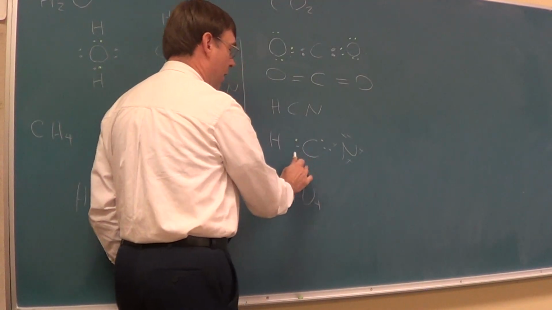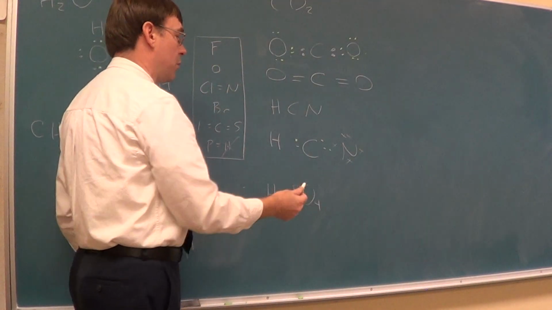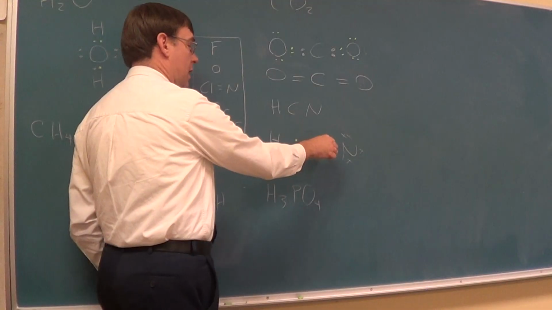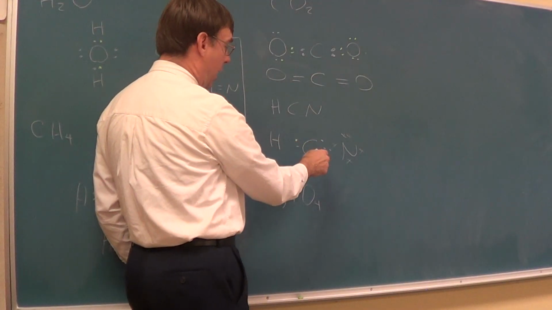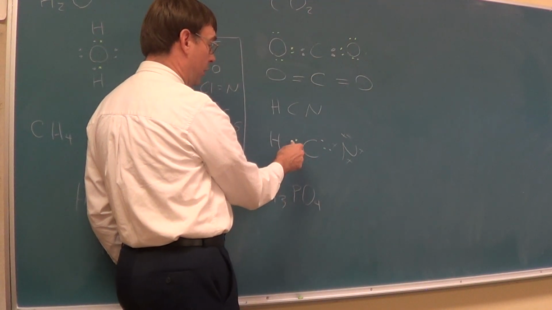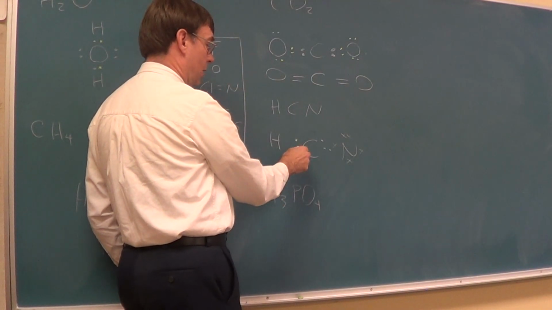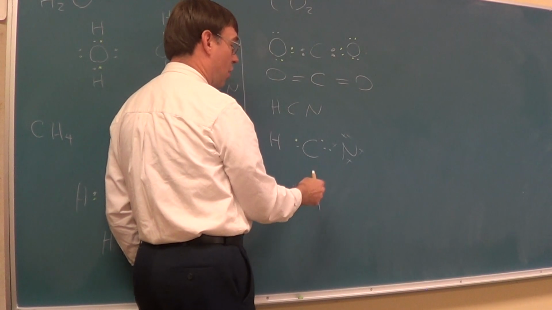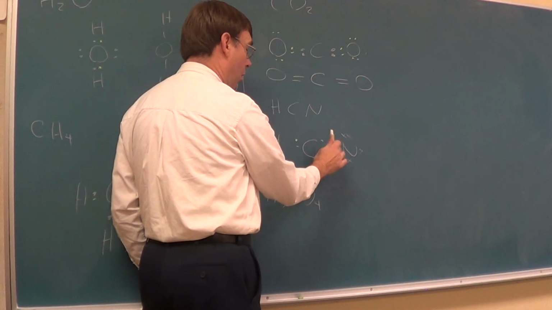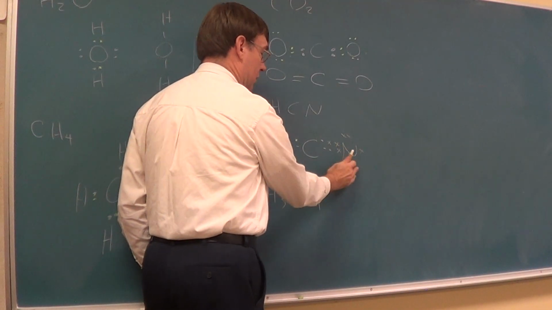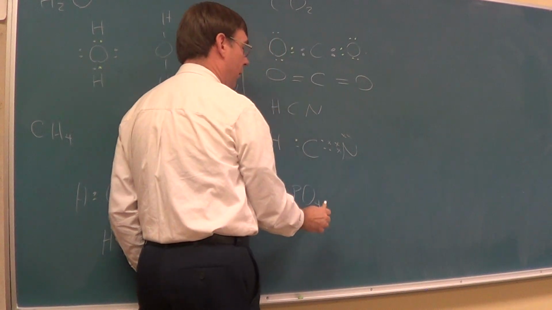So nothing up there, nothing down there. There's nobody to bond with anyway. So 1 goes this way, 3 go that way. Now what's carbon up to? 1, 2, 3, 4, 5, 6. So carbon still needs 2 more. So let's move those around.